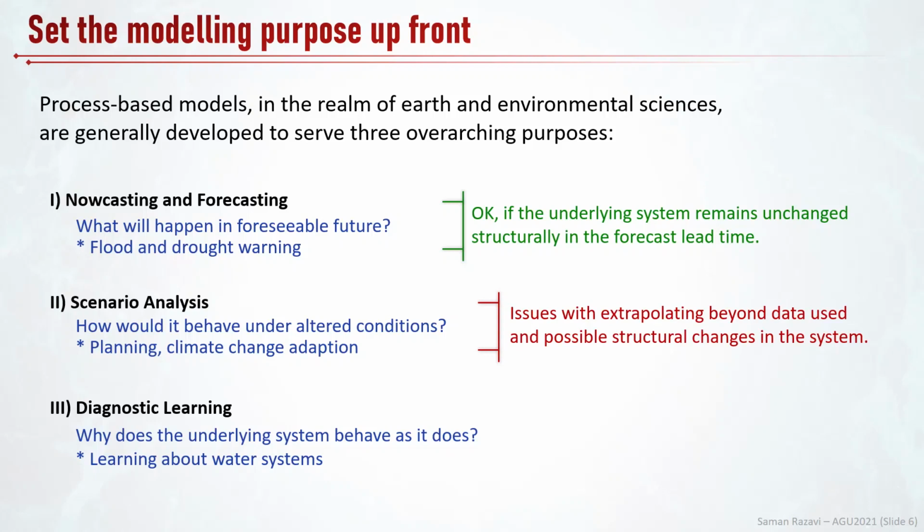However, it can become handicapped or unreliable in scenario analysis if a scenario requires extrapolating well beyond data used to constrain the model, or is about a structural change in the underlying system, for example through human interventions. In such cases, the correlational structure of variables empirically identified by machine learning may not hold under new conditions.